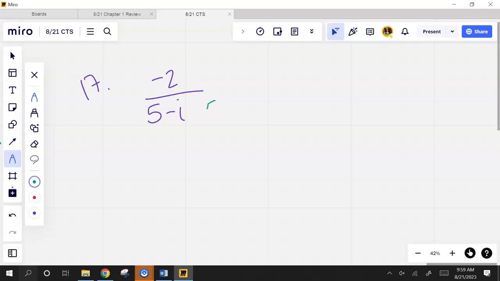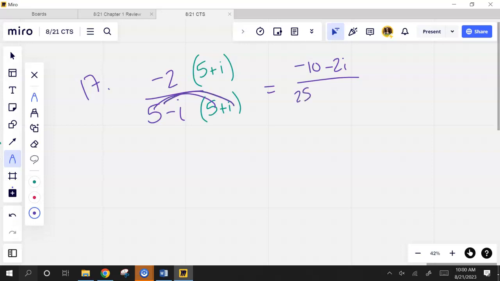All right, 5 plus I, top and bottom. Now let's distribute, okay? Up top, -10 minus 2i. And on the bottom, 25 plus 5i minus 5i minus I squared.